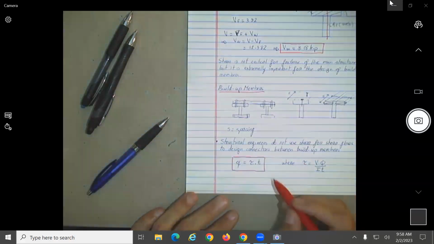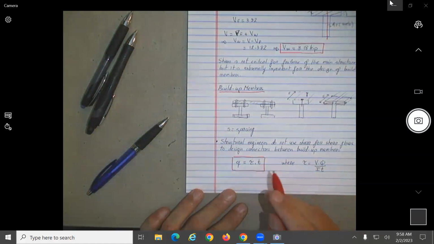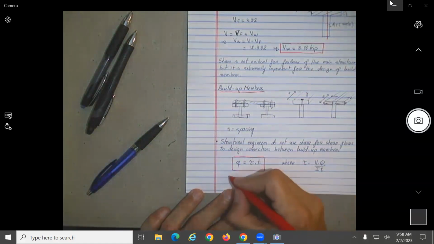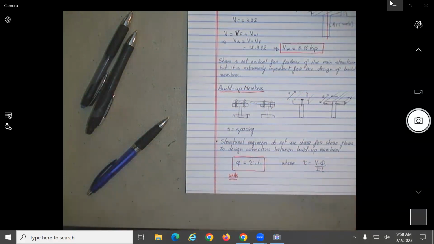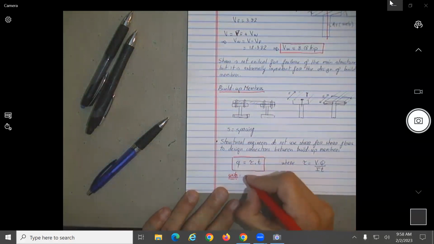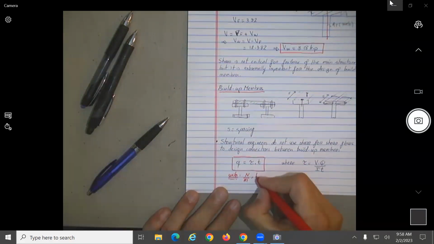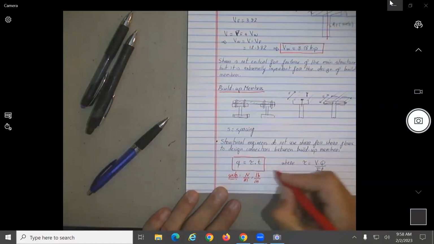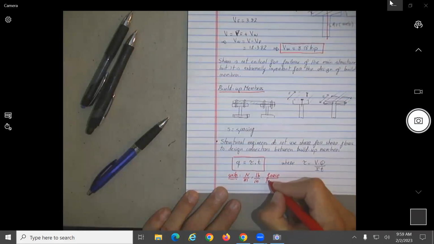So here, what's important to recognize is what will be the units of this? What will be the units for stress, the shear stress? Okay, Pascal. So what is 1 Pascal? It's Newton per meter squared. So this will be what then? Newton per meter squared, or pound per inch. But basically what we have is force over length.